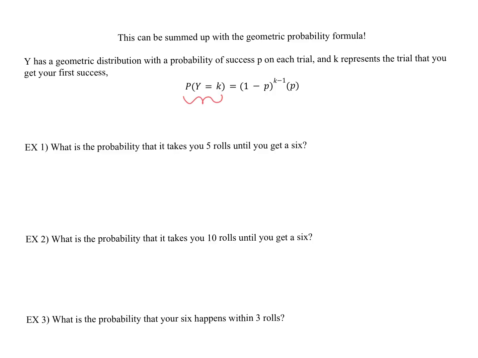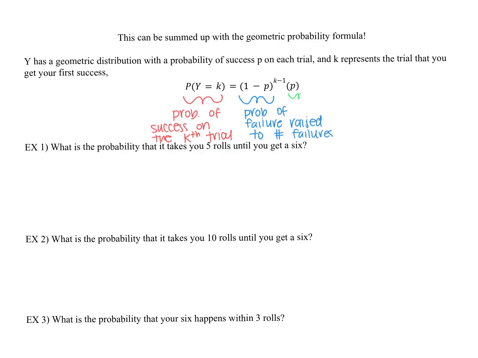So the probability y equals k is your probability of success on the kth trial. 1 minus p to the k minus 1 is your probability of failure raised to your number of failures.